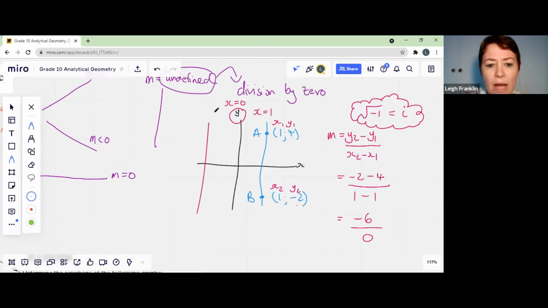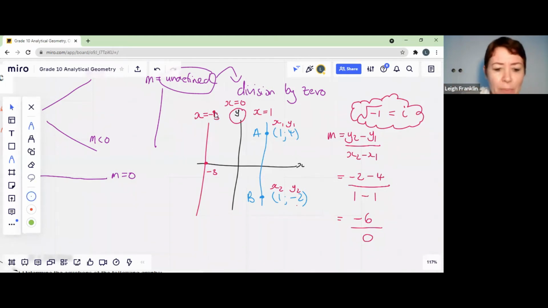If I was to draw a line over here, and that point over there was -3, then this would be the line x equals -3. Lines that are x equals are vertical ones. Lines that are horizontal are y equals.